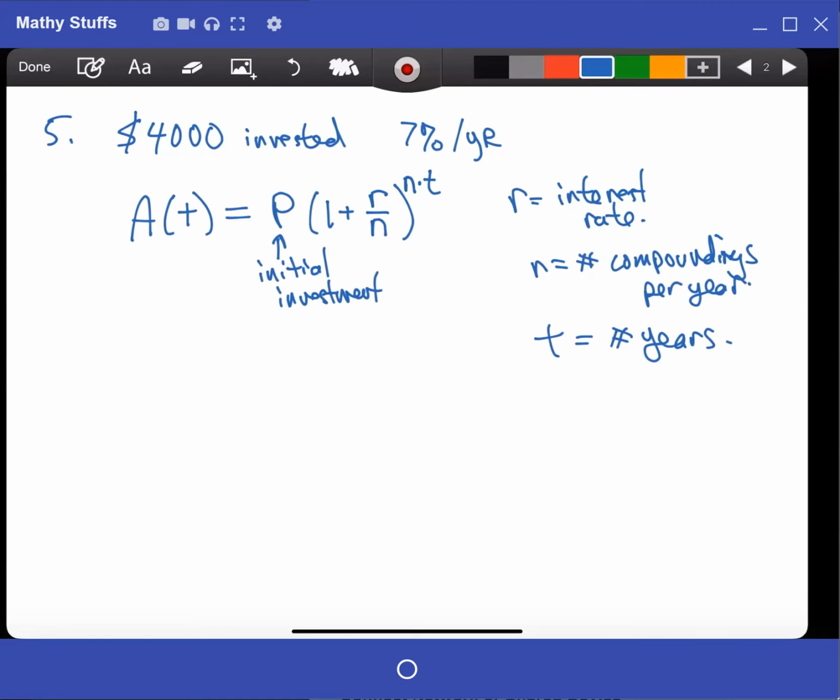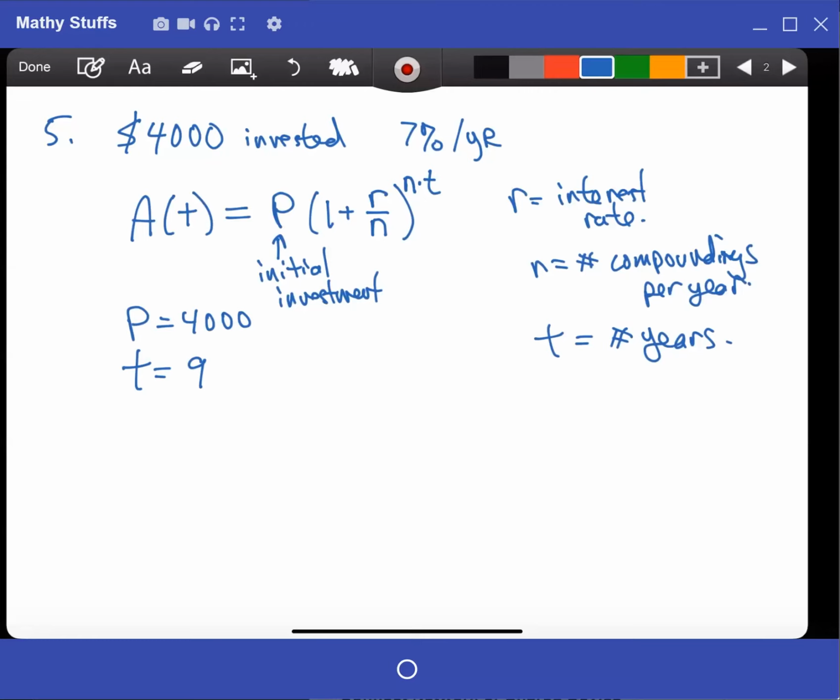So we're leaving this in the bank for 9 years. So T is going to equal 9. P, as we already established, is 4,000. That's my initial investment. And find the amount in the bank after 9 years if it is compounded first annually, then quarterly, then monthly, and then continuously. And for that we're going to have a special formula.